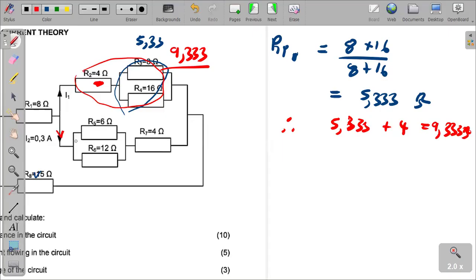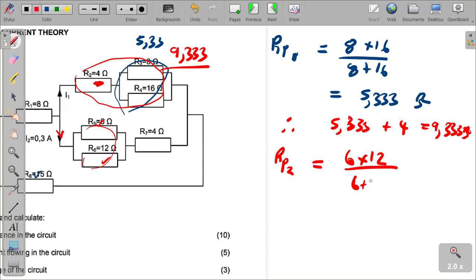We are seeing another parallel combination here, so let us also calculate it. We will call it RP2, the parallel combination of the 6 ohm and the 12 ohm. Again, product over sum: 6 times 12 over 6 plus 12.